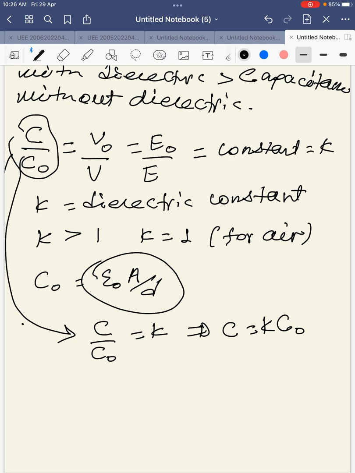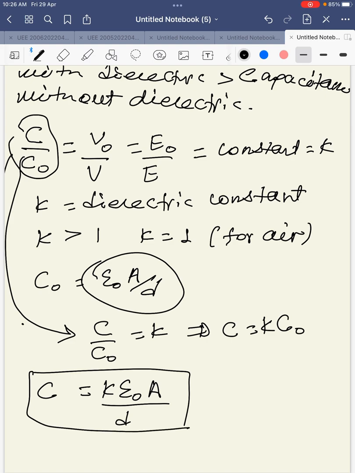C naught is epsilon naught A over D. Now capacitance is equal to K epsilon naught A over D. We can consider this as a third factor. What are the factors? Area of the plates, distance between the plates. Capacitance is directly proportional to the area of the plates, and inversely proportional to the distance between the plates. And the third relation is using a capacitor with larger dielectric constant will increase capacitance.